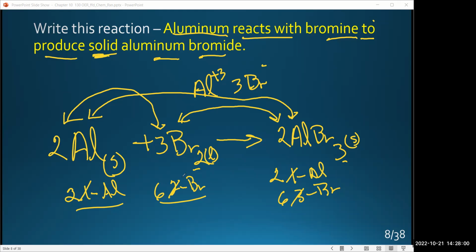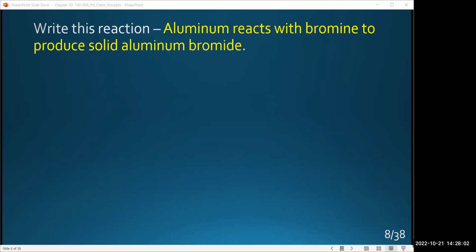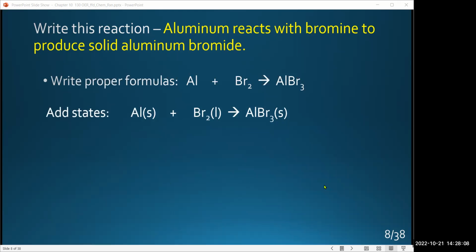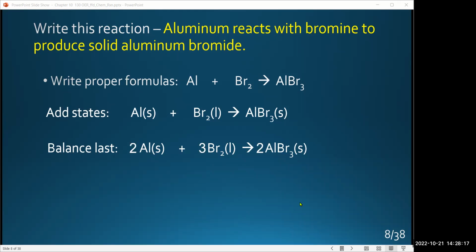Okay. Here, let me clear up my mess and just put something down that's not so messy. So there's the formula we just wrote. Okay. Then we added the physical states, and then we came back and balanced it at the end. So we got a 2 there, got a 3 there. Find that common number. We got a 2 there, balancing aluminum.